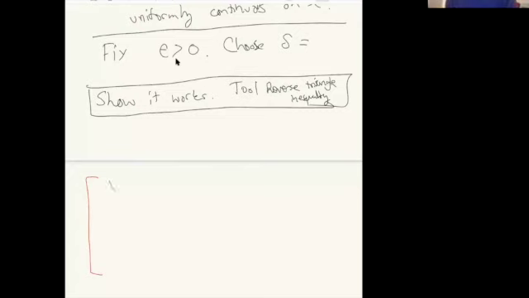So we want to show something for every x, y in X. We want to estimate f of x minus f of y and guarantee that this is less than or equal to epsilon. Well, what is this? This is the distance from x to x naught minus the distance from y to x naught. Now, there's a general reverse triangle inequality that tells you that this absolute value is always less than or equal to the distance between x and y.